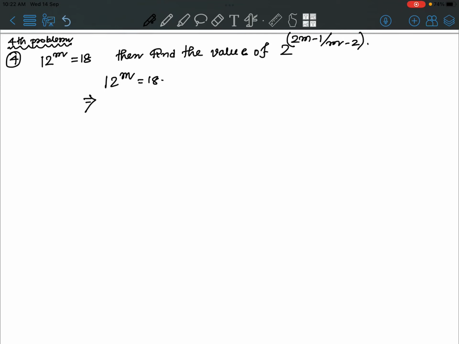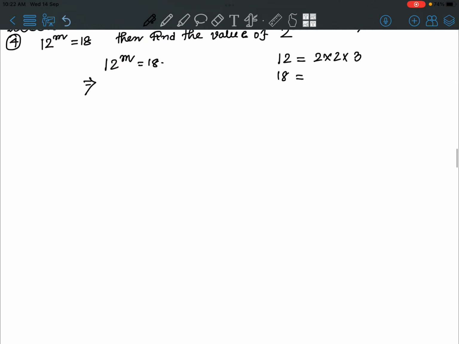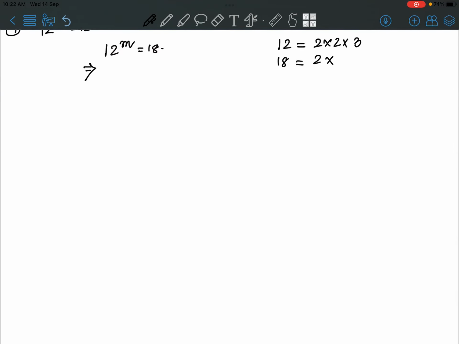To solve this problem, we will factorize 12 and 18. So factorization of 12 is 2 into 2 into 3 and factorization of 18 is 2 into 3 into 3. So let's write 12 as (2 into 2 into 3) whole to the power m and 18 as 2 into 3 into 3.